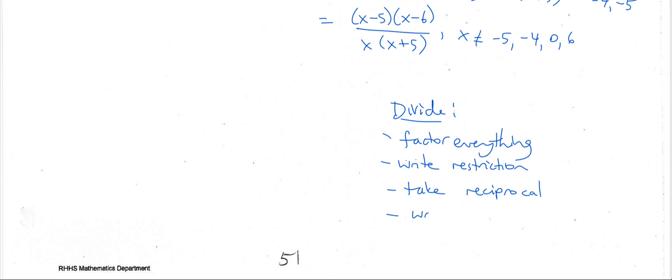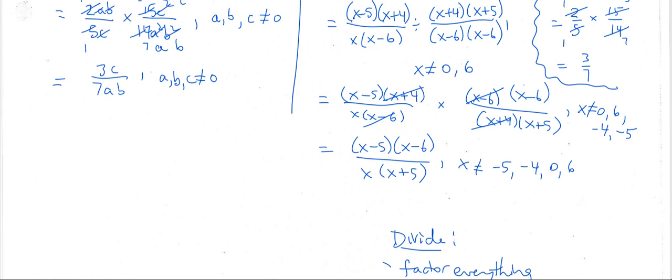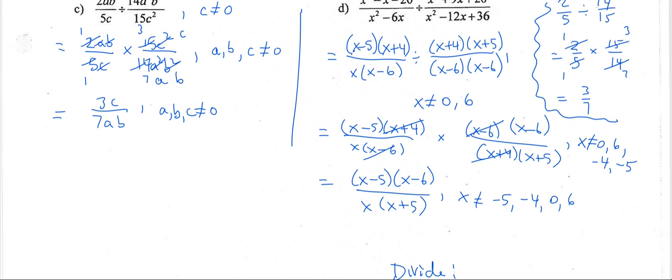And you write the restrictions again. Look what happened: when my first expression had restrictions, and I wrote them, and then after I flipped the second fraction, I got new restrictions, so I need to add them to the list. And then after I've done that, then I can reduce at that point.